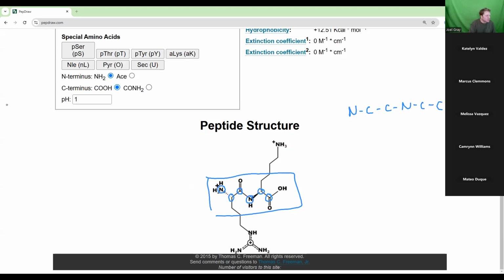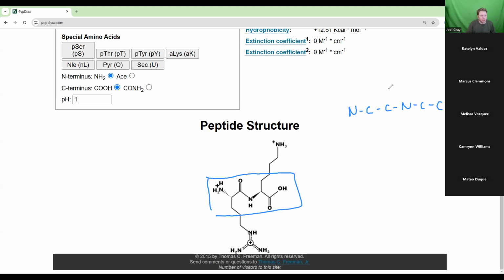Now, the next thing that I want to do after I erase those circles is get the yellow marker, and with that yellow marker I am going to draw my peptide bond.